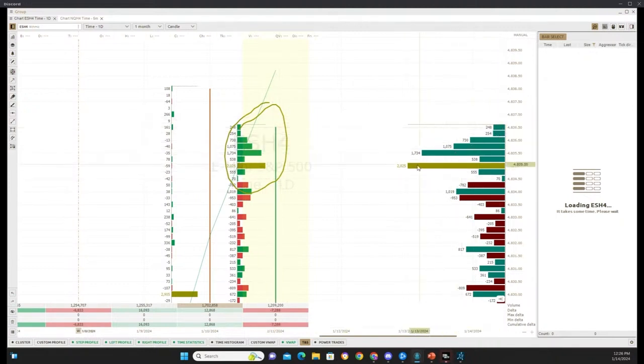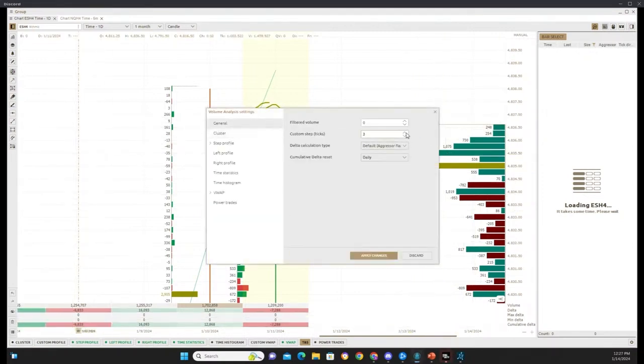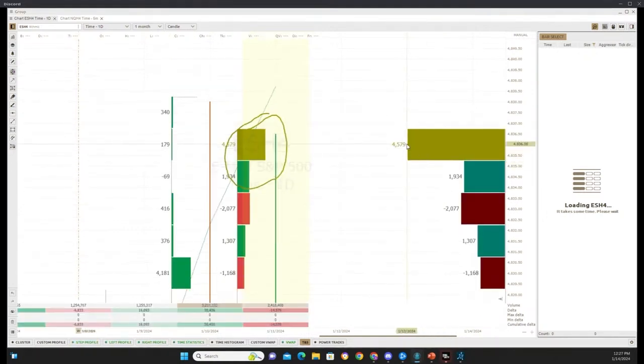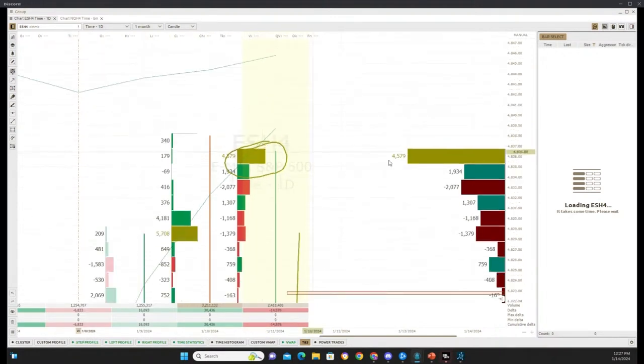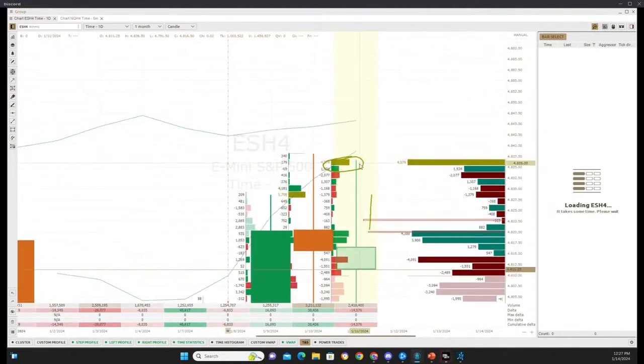You want to add these up real quick, or what I do typically is if I want to see a consolidated level, I will increase this. And now you have 4,600 contracts at the top. Wow. And in this case, it's positive delta, but that doesn't mean that it wasn't a seller, right?